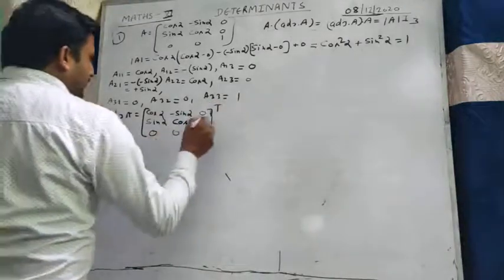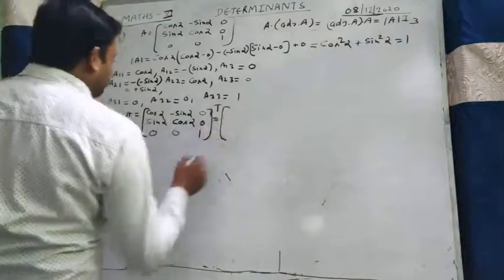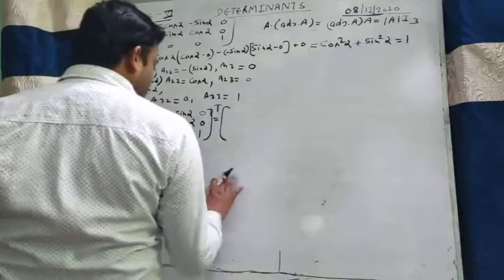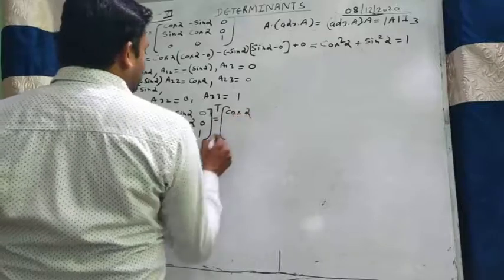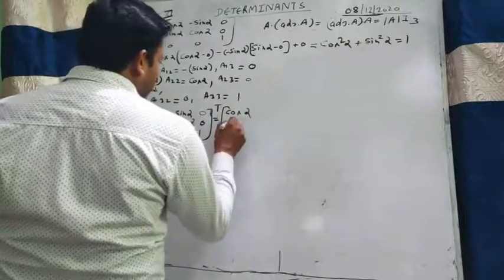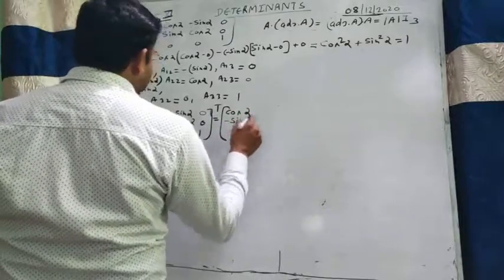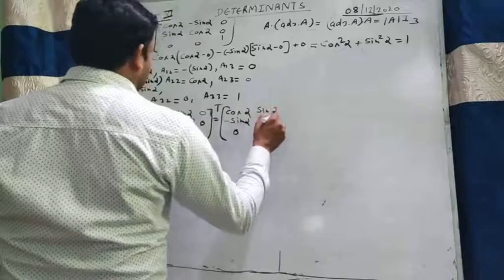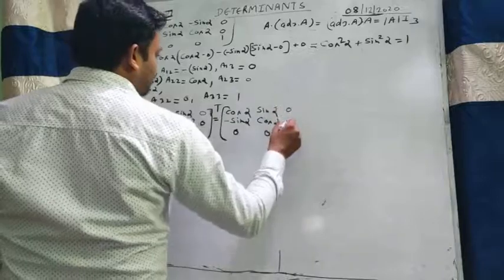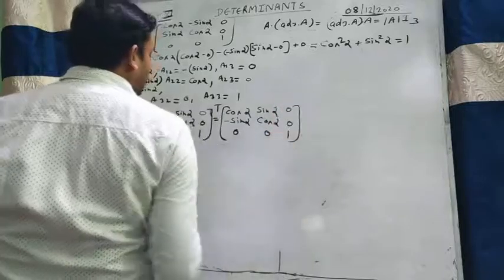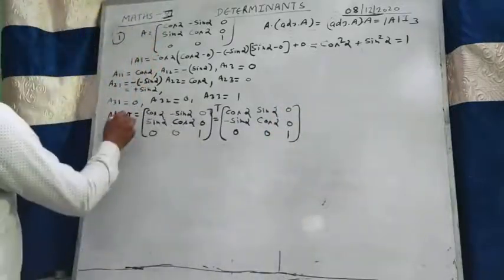So its transpose will be: we will change the rows into columns, so it will be cos alpha, minus sin alpha, 0; sin alpha, cos alpha, 0; 0, 0, 1. Okay, so this is the adjoint of A.